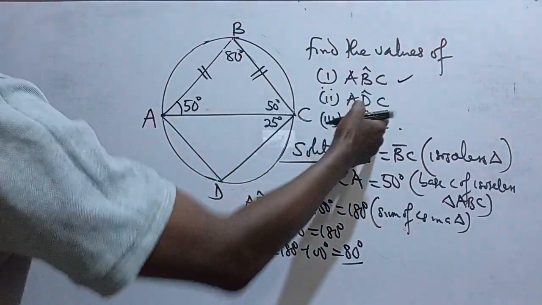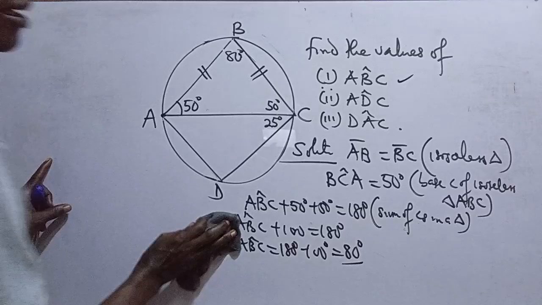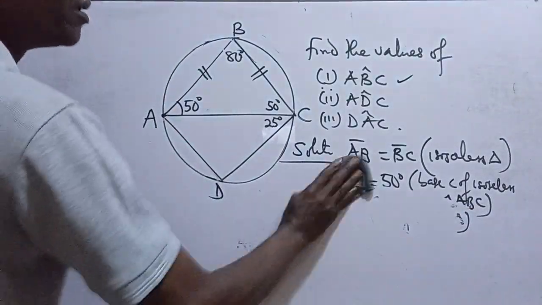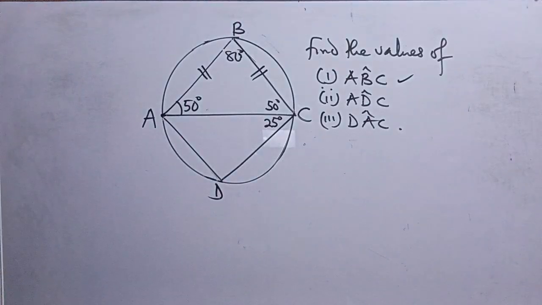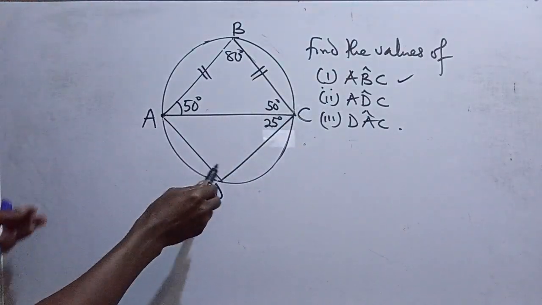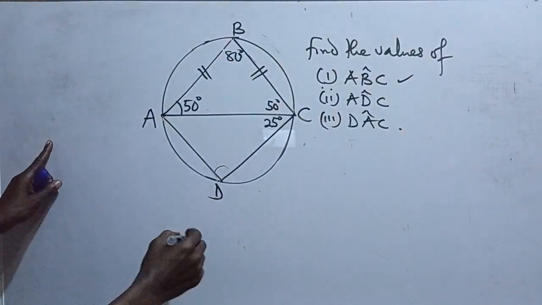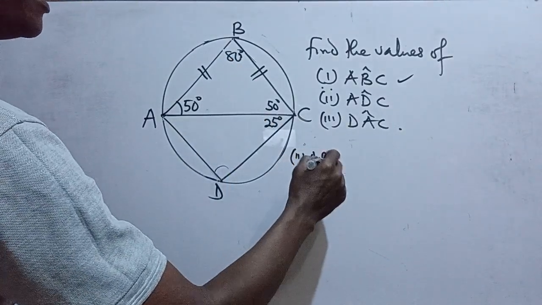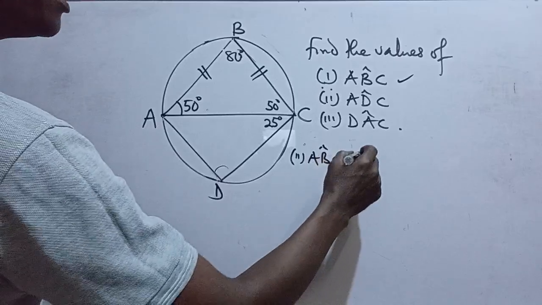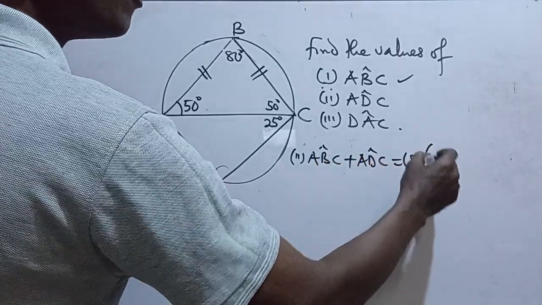Now, how do we get ADC? So easy. Now, let's clean this up and look for the other one. To get this angle, ADC, note that ABC plus ADC must be equal to 180 degrees.